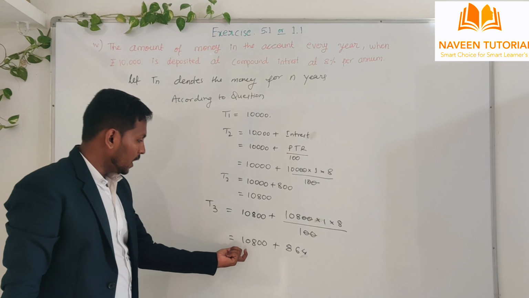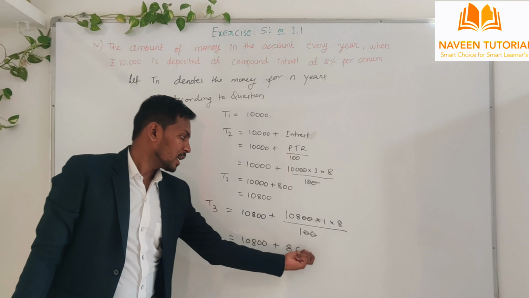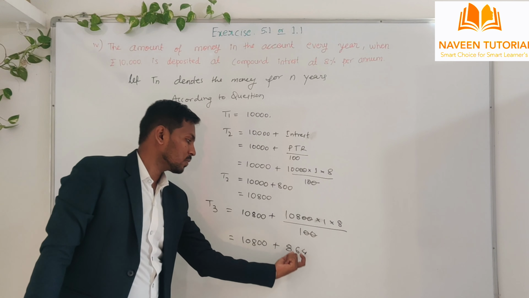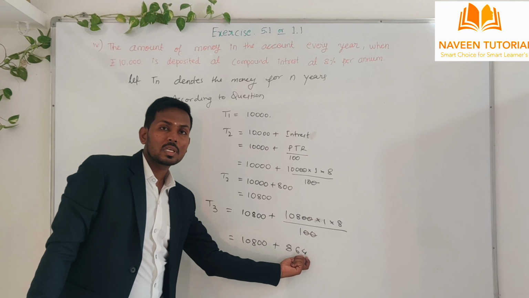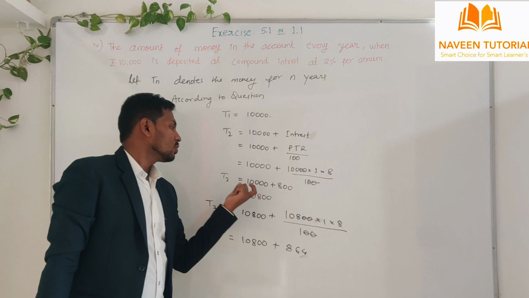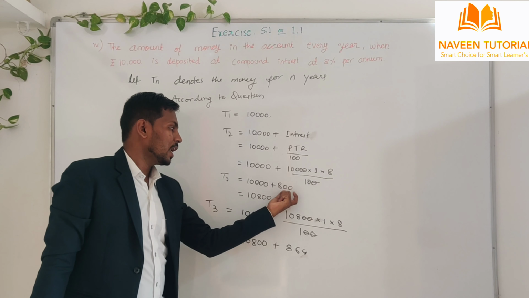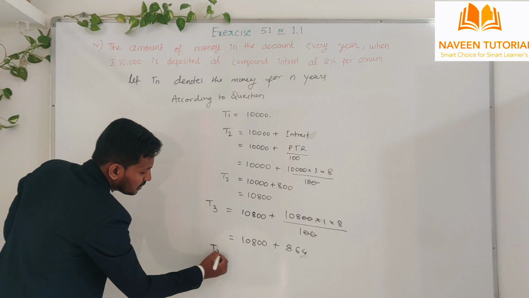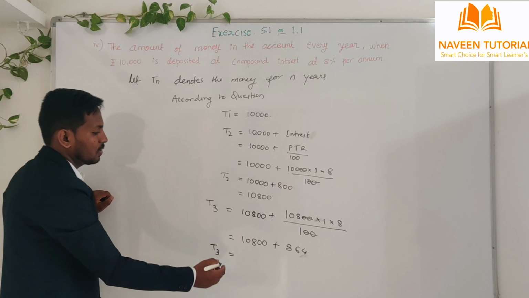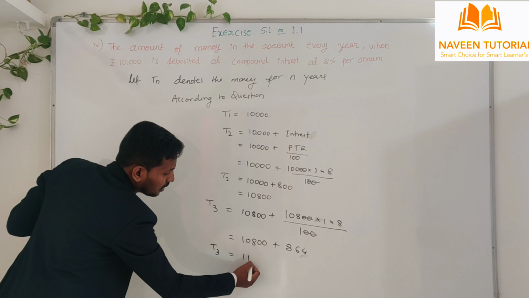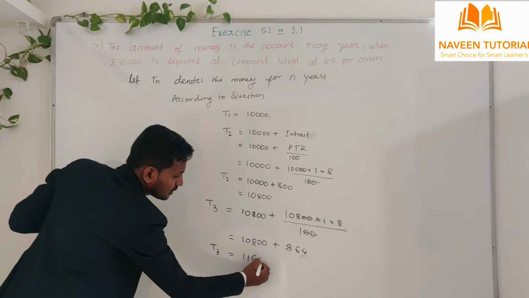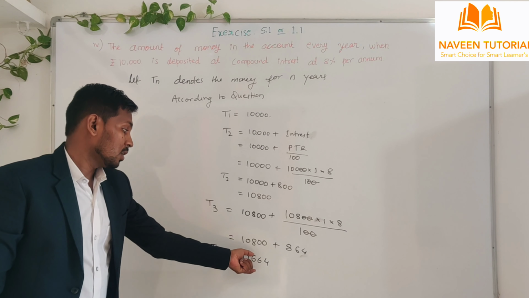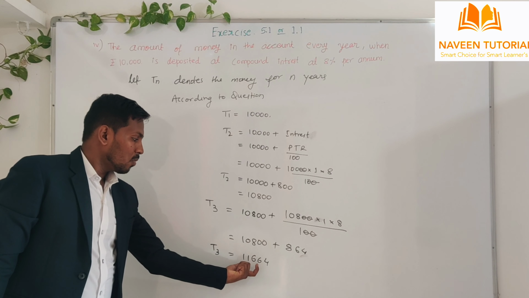So now you need to add 10,800 plus 864. This 864, here we got the difference 64. So this 64 rupees is the interest credited for this 800 rupees for the next year. So now the T3 value is 10,800 plus 864 is 11,664.